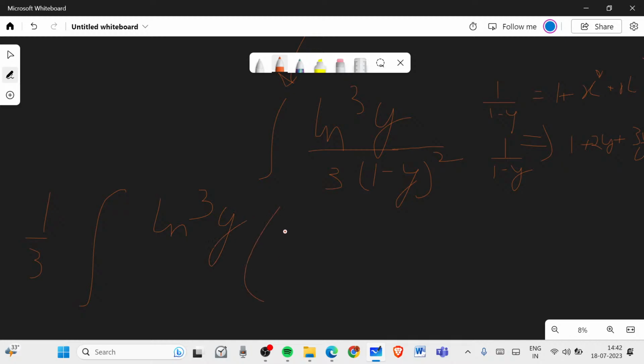This is 1. Okay, let me write in sigma form. r plus 1, y to the power r, and r is from 0 to infinity.